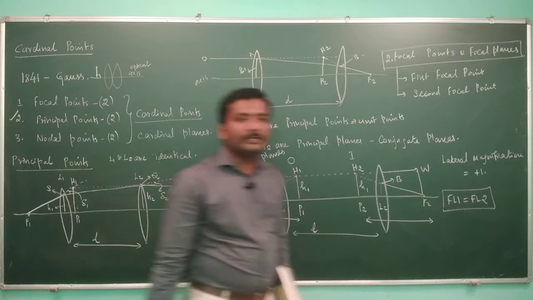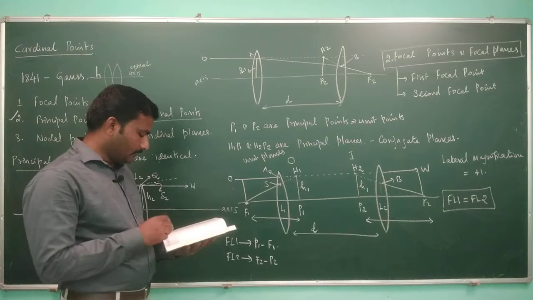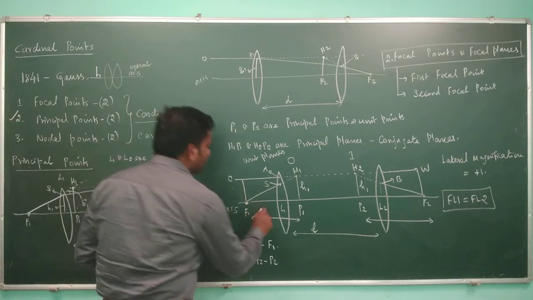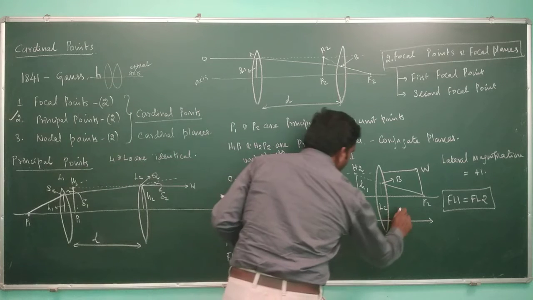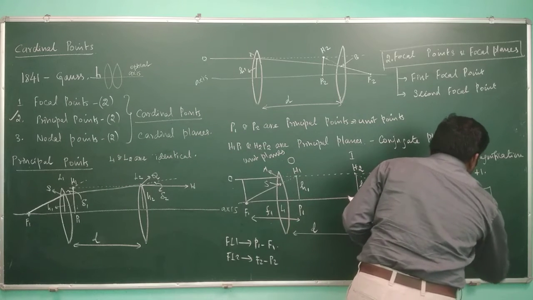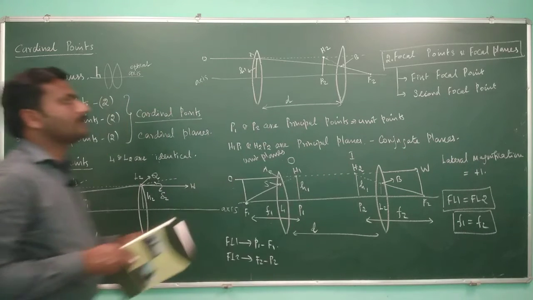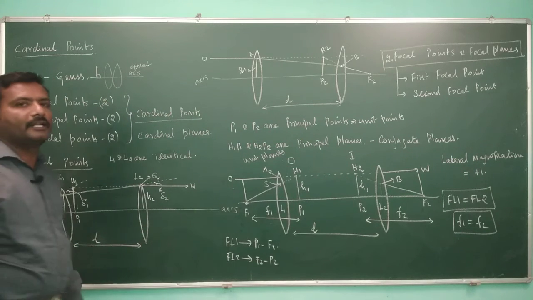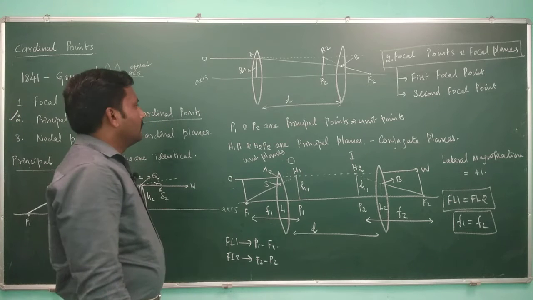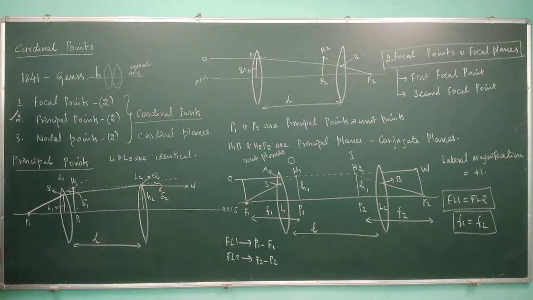So focal length 1 is defined as F1, focal length 2 is defined as F2, so that F1 equals F2. So these are the focal points and focal planes and the corresponding focal lengths. Fine. And the remaining is nodal points.